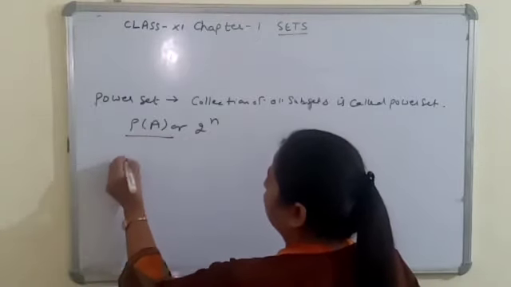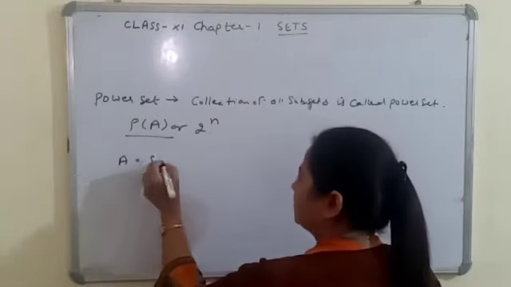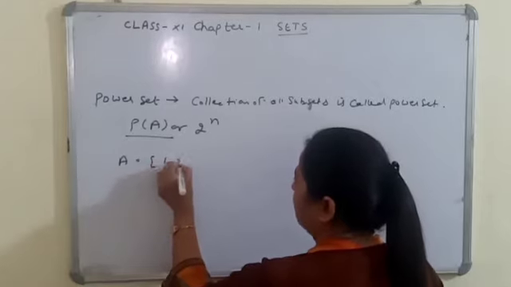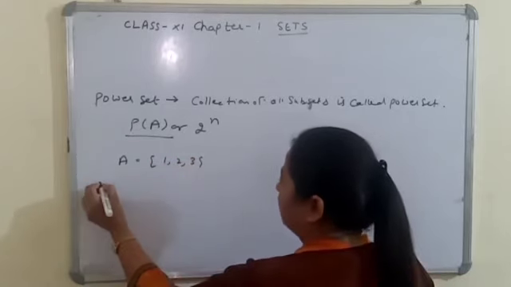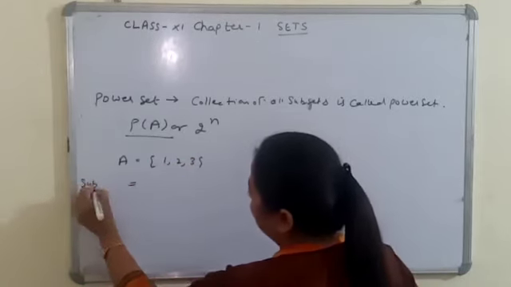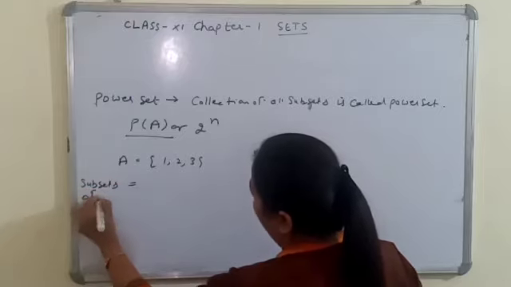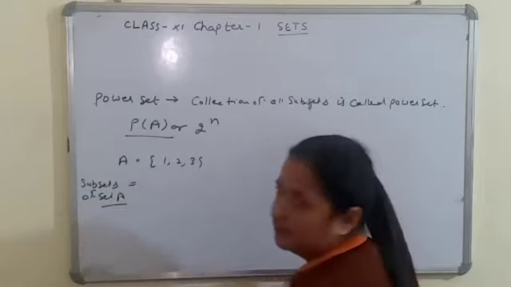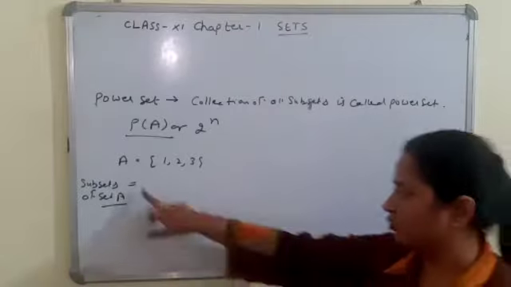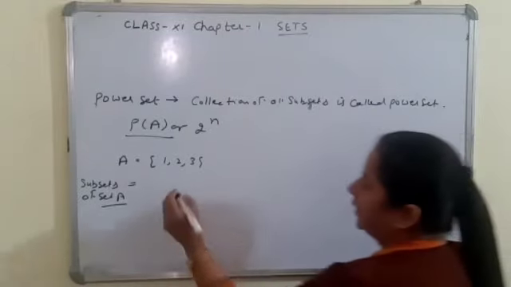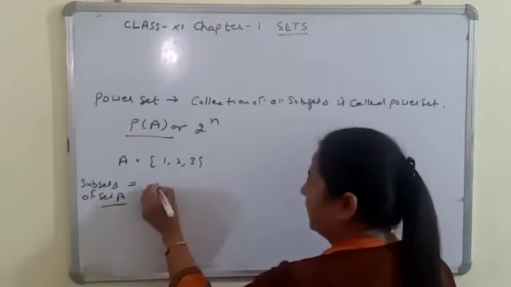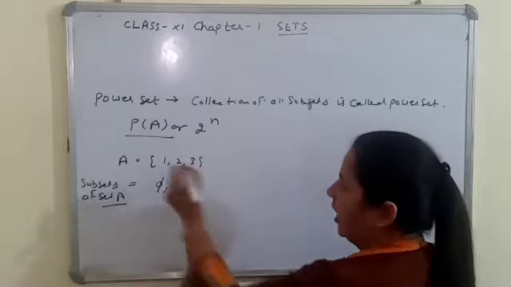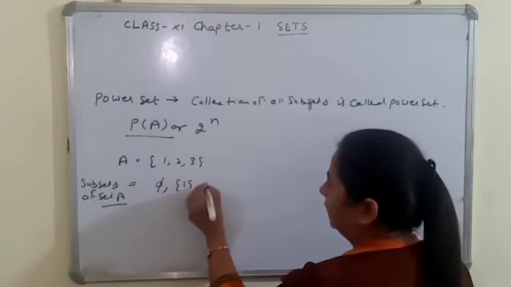Power set of A. Suppose we are having one set A in which the elements are 1, 2, 3. So firstly write down all the subsets of set A. As per the definition of subset, phi is a subset of every set. Another subset is {1}.